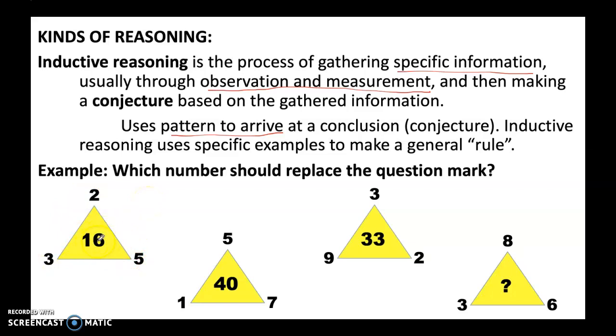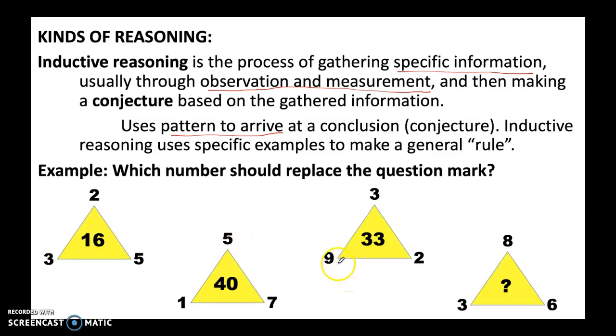To come up with 16, we add the numbers 3 plus 5, that is 8, times 2 equals 16. Next, let's check if the pattern is true to all. If we add the bottom numbers, 1 plus 7, that is 8, and multiply by the upper number, 5, we have 40.